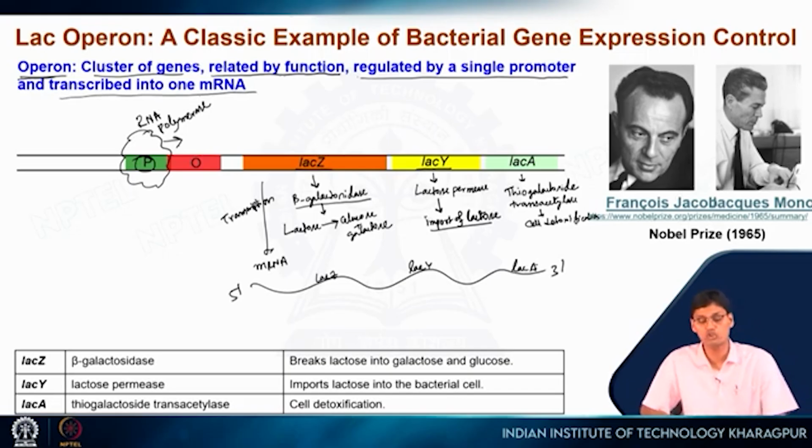That means beta galactosidase, lactose permease and thiogalactoside transacetylase. Now, although you can see just one mRNA here, those three proteins will not be fused together.